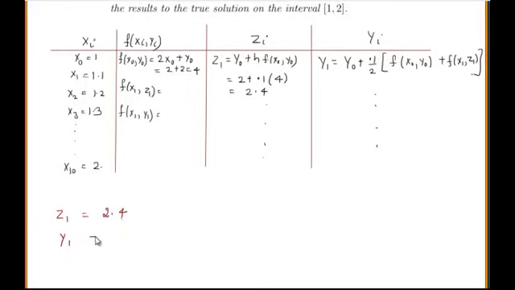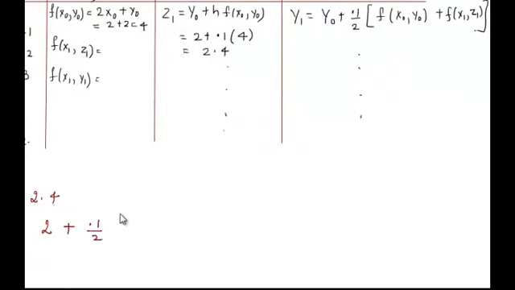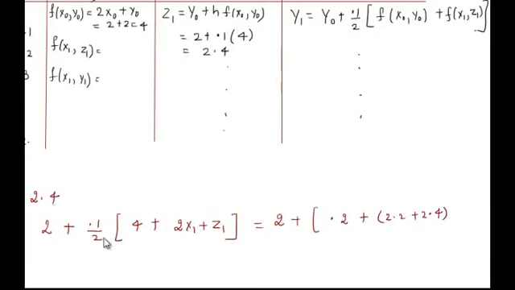Now y1 is 2 plus 0.1 over 2, f of x naught y naught 4, f of x1 z1 is 2 times x1 plus z1, which is nothing but 2 times x1 is 2.2 and z1 is 2.4. So 2.2 plus 2.4, and this 2 division is outside.